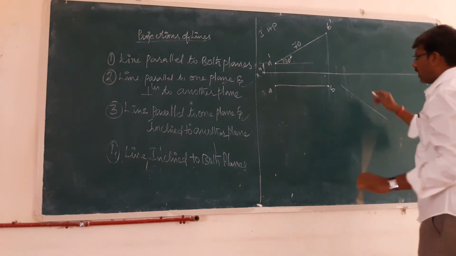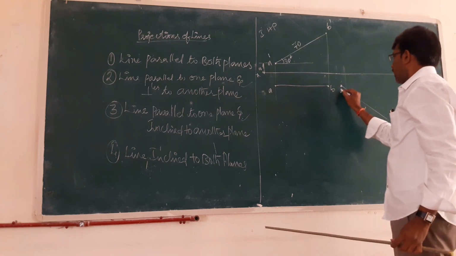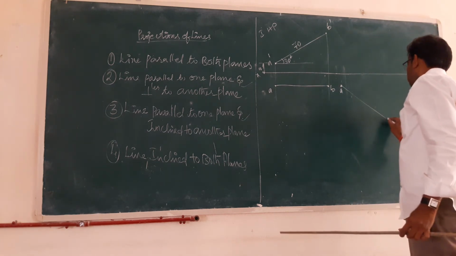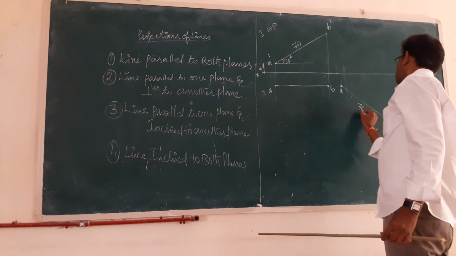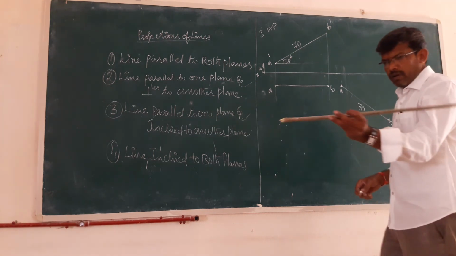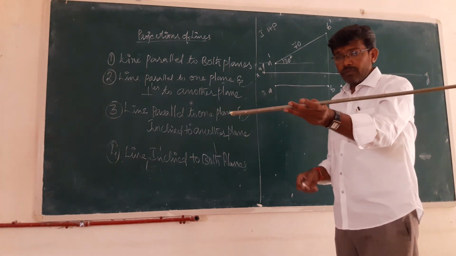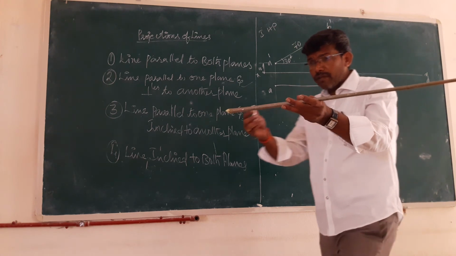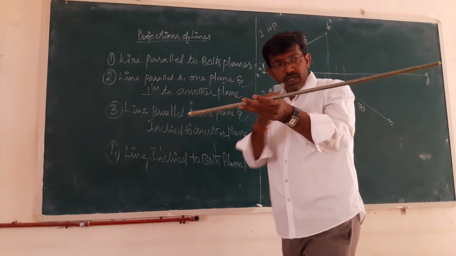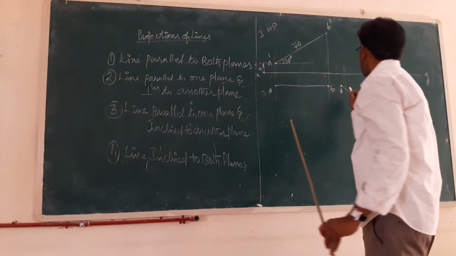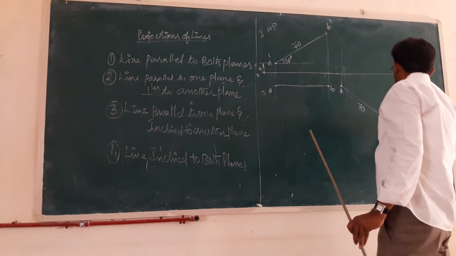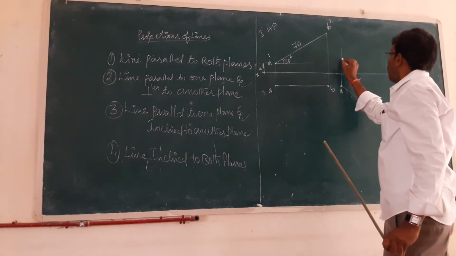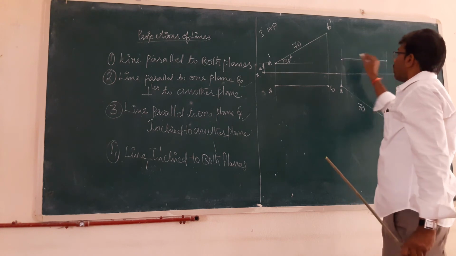So simply this is the line, A, and this is B, which is at 70, right? Like this. And what about the front view? You have to draw the projectors straight from the two end points. Okay, draw the projectors from the two end points and just simply draw a line.